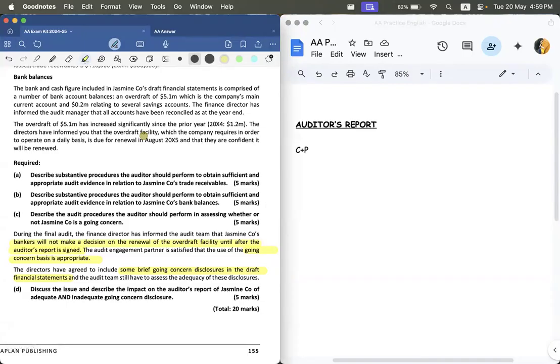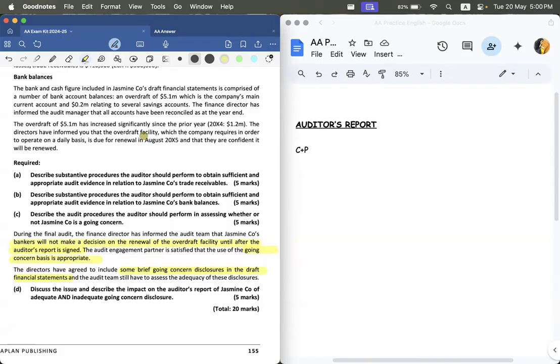This would impact the company's ability to be a going concern. And what impact would it have on the auditor's report? It would depend on whether or not the company has adequately disclosed this issue in the FS.